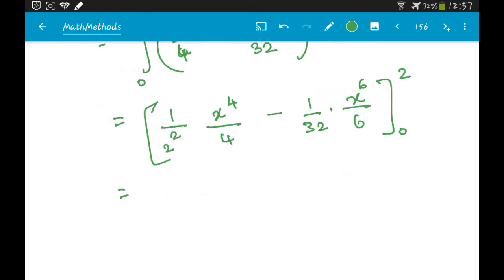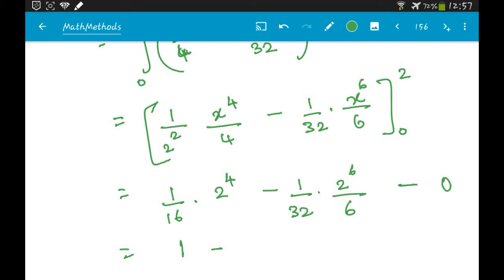So we'll have 1 by 16 into 2 power 4 minus 1 by 32 into 2 power 6 by 6 minus 0, right? So we'll get 1 minus 1 by 3, so this is 2 by 3. Okay, so W is 2 by 3.